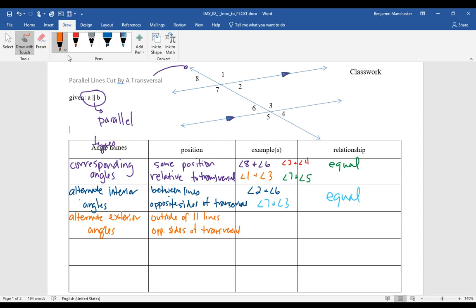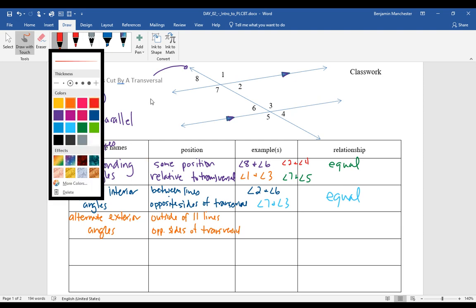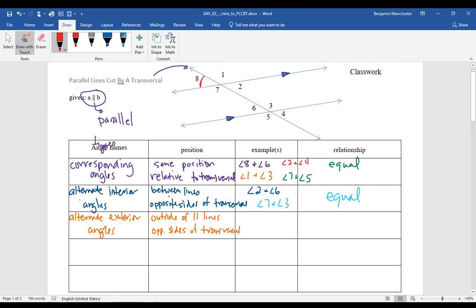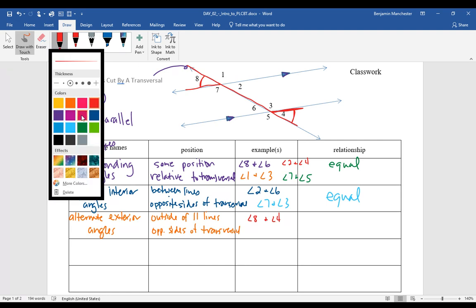Okay, so some examples here might be angle 8 and angle 4. Okay, so once again, here's your transversal, and there's that parallel line. So we can continue down your transversal, and here's the one on the opposite side and outside of your parallel line. So angle 8 and angle 4 are alternate exterior angles.